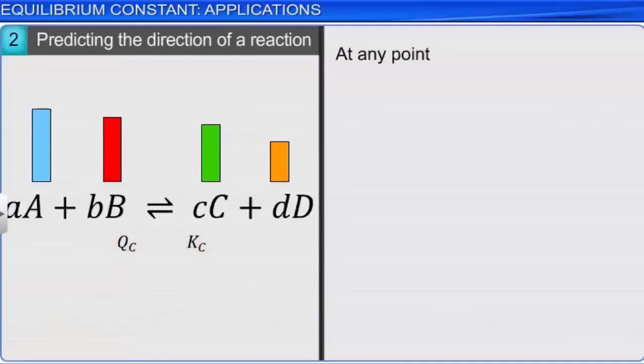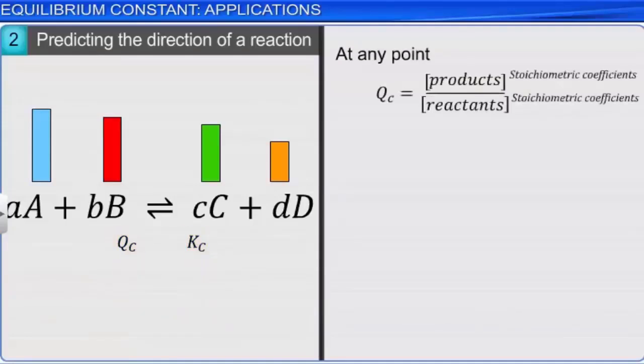At any point in a reversible reaction, the ratio of the concentration of the products raised to their respective stoichiometric coefficients to that of the reactants raised to their respective stoichiometric coefficients is known as the reaction quotient. It is denoted by Qc for molar concentrations and Qp for partial pressures.